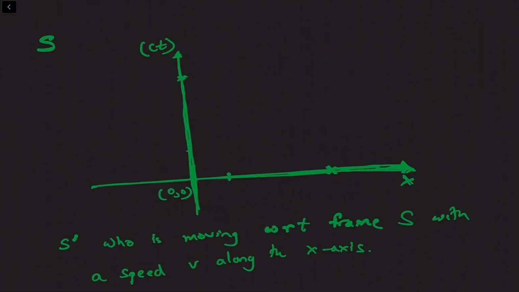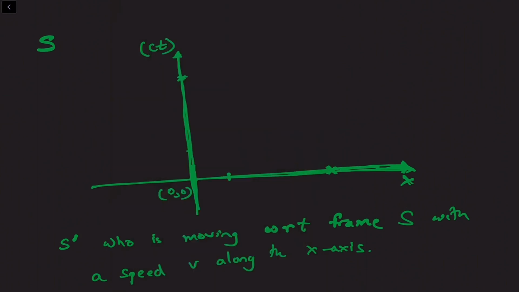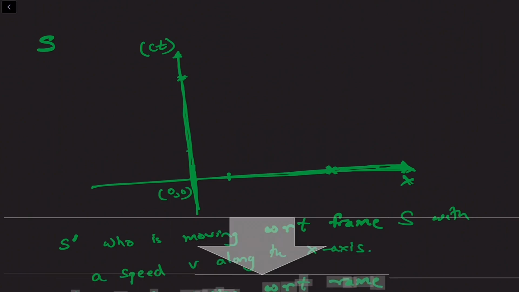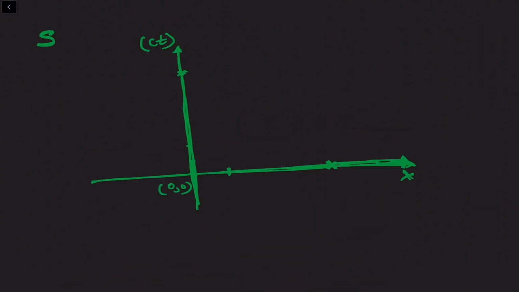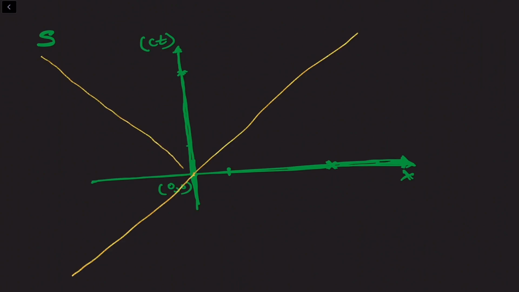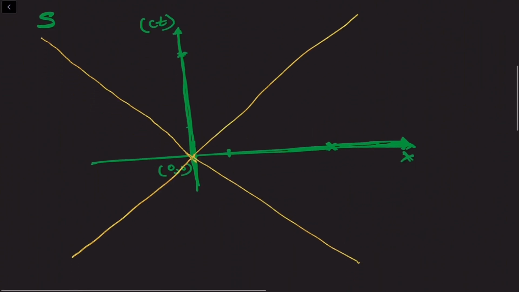So let's first draw our light cone. Let's make some more space here. First I'm going to draw the light cone. These are light rays which are sent out from the origin and the paths that they would traverse in space-time. The angle that the light ray makes is 45 degrees.